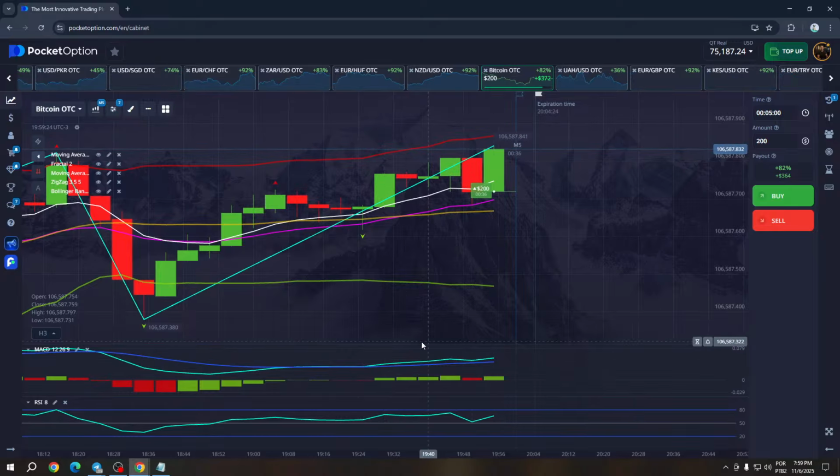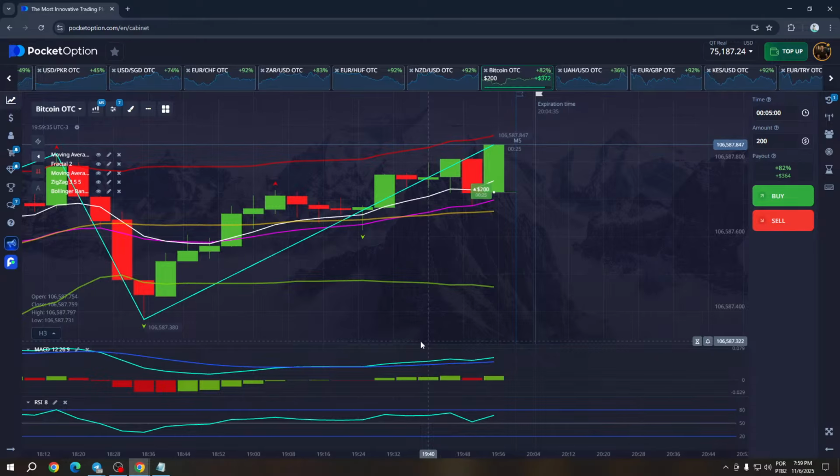And I like to use the MACD. So that is like a standard. That's not mainly a strategy, it's only the indicators.